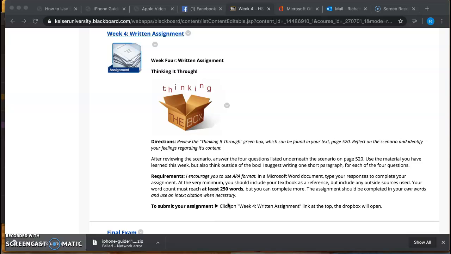So after you read the scenario, answer the 4 questions that are listed underneath that scenario on page 520. Make sure that you use the material that you have learned from the week within your reading, but also think outside the box. I suggest writing one short paragraph for each of the 4 questions.